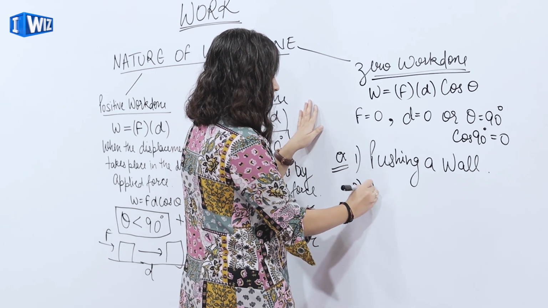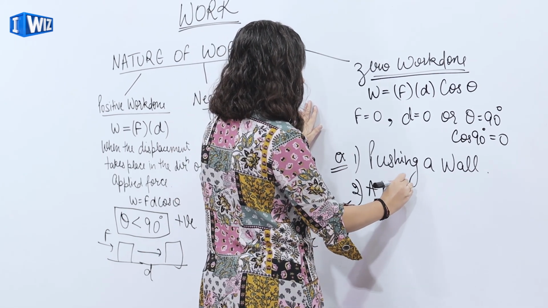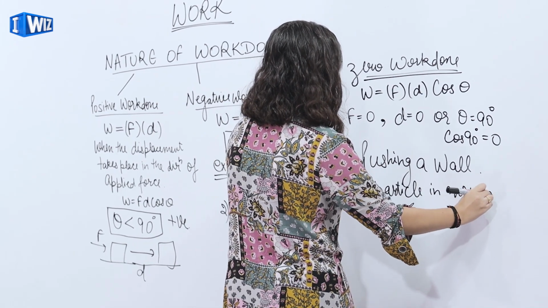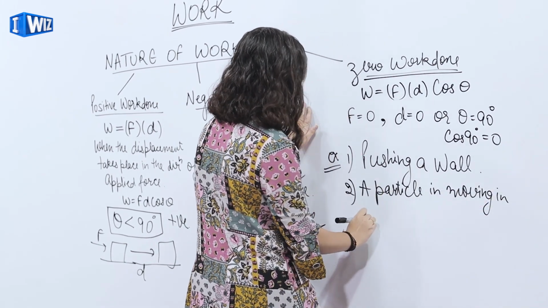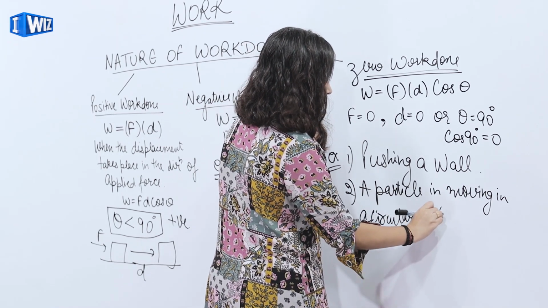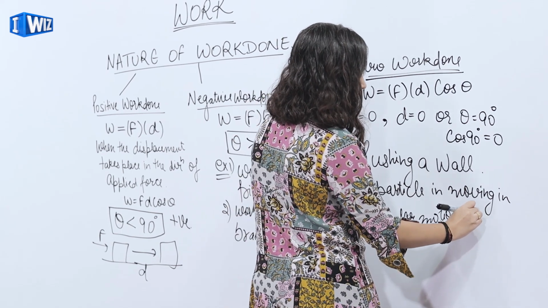Second, a particle is moving in a circular motion with uniform velocity.